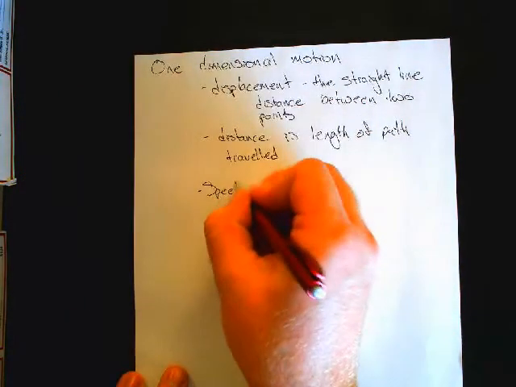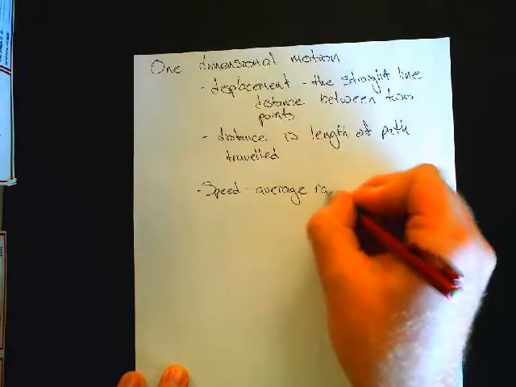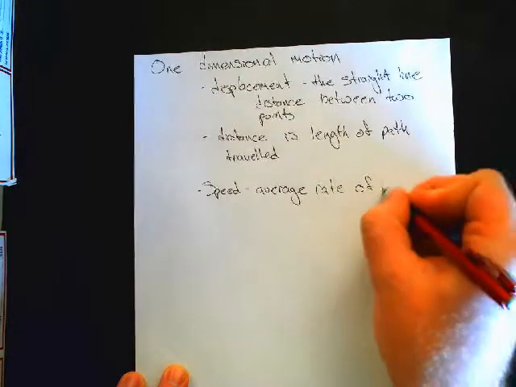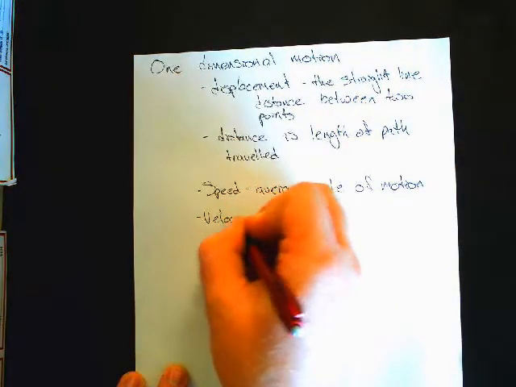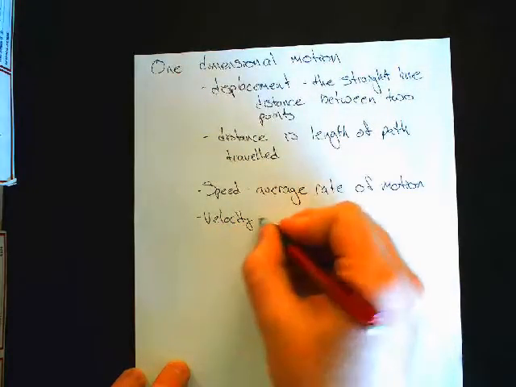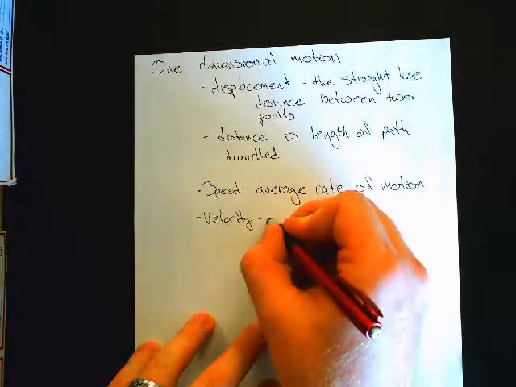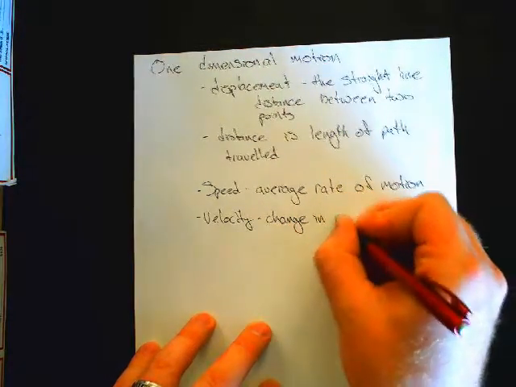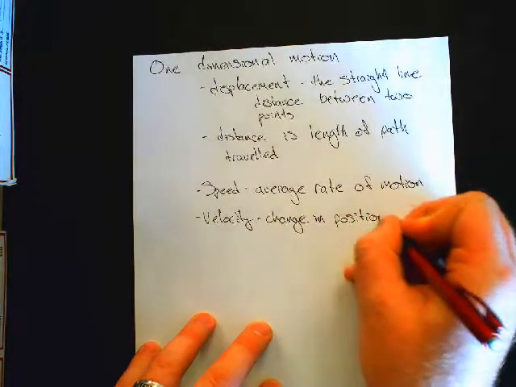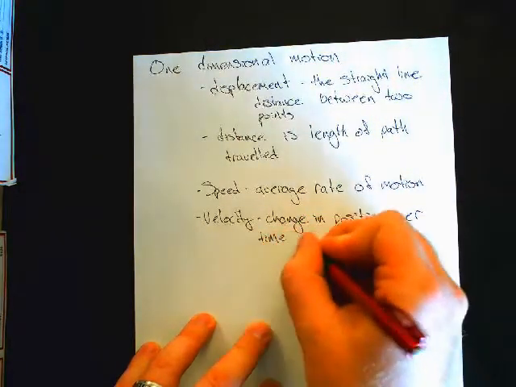Speed, average rate of motion, whereas velocity is typically an instantaneous change in position over time with a direction.